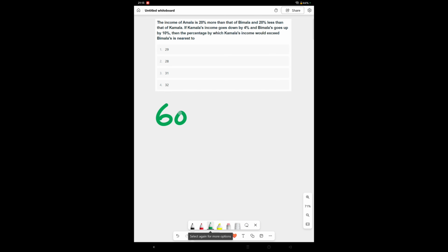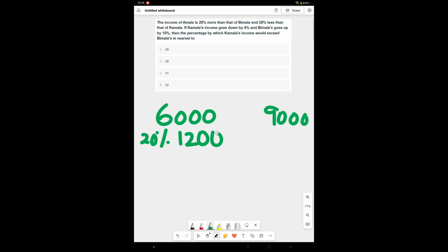So 6,000, 9,000. If you think of 20% of 6,000, it's 1,200. For 9,000, 1,800. So you very well know the income of Amala should be 20% more than Bimala and 20% less than Kamala.